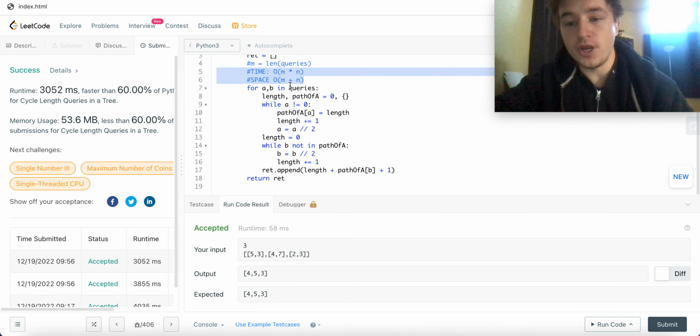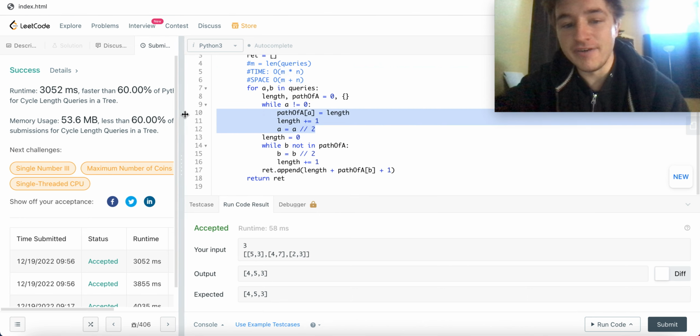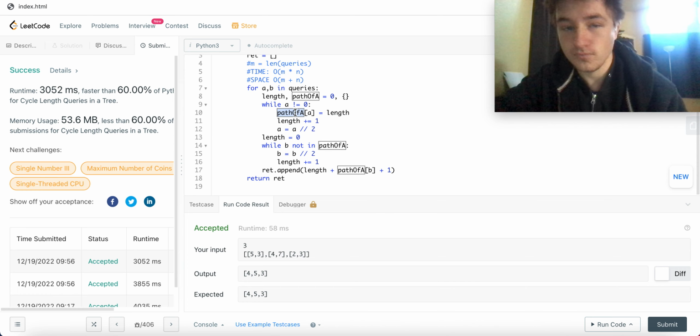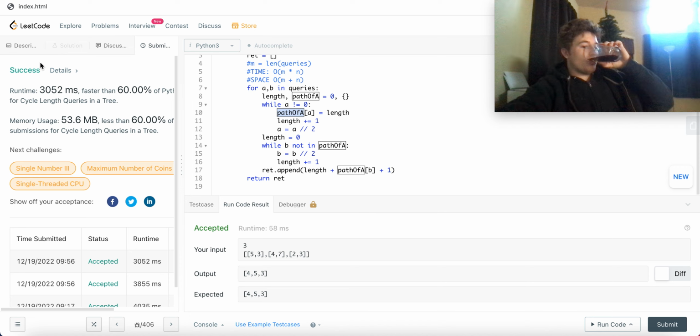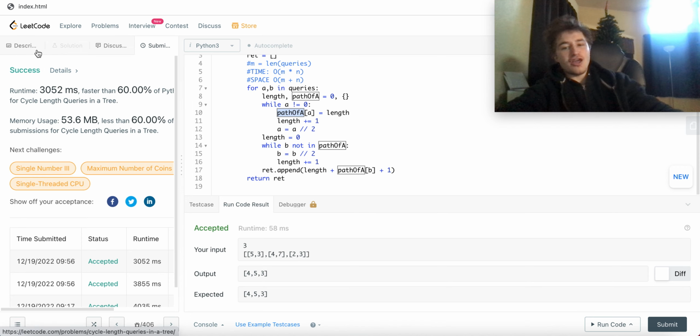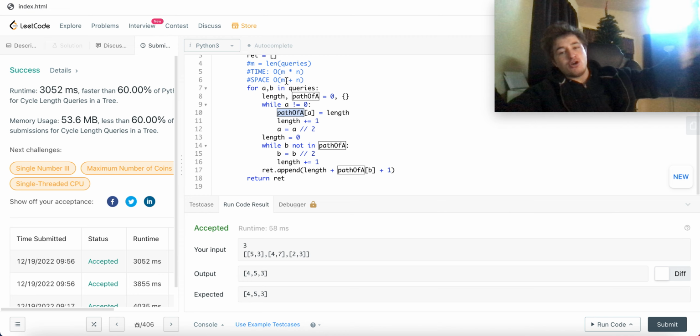You could pre-compute, right? So you could pre-process the tree, I guess, and find all the paths of A. But that could get really bad, because that wouldn't save you that much time. And there's 2 to the n minus 1 nodes. So you'd have to do 2 to the n minus 1 calculations to pre-process every node's path.